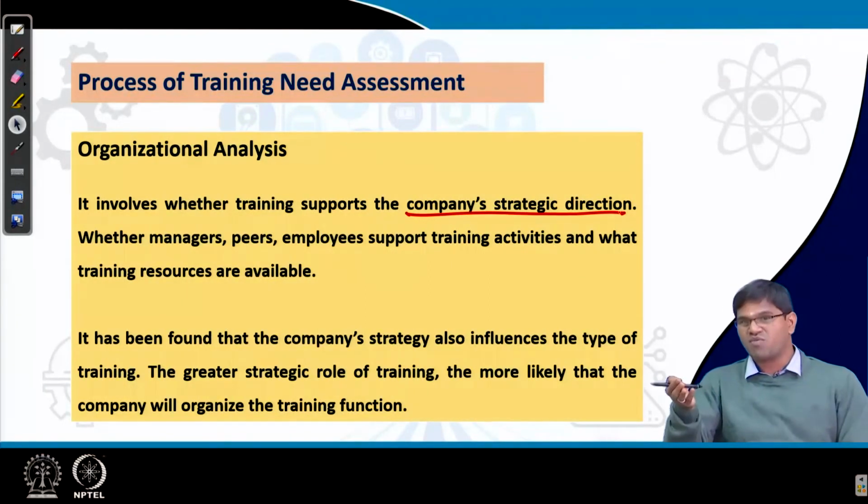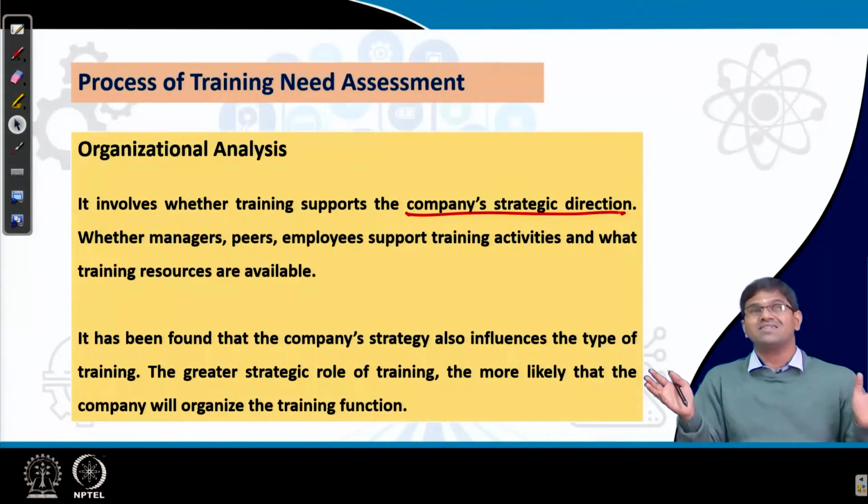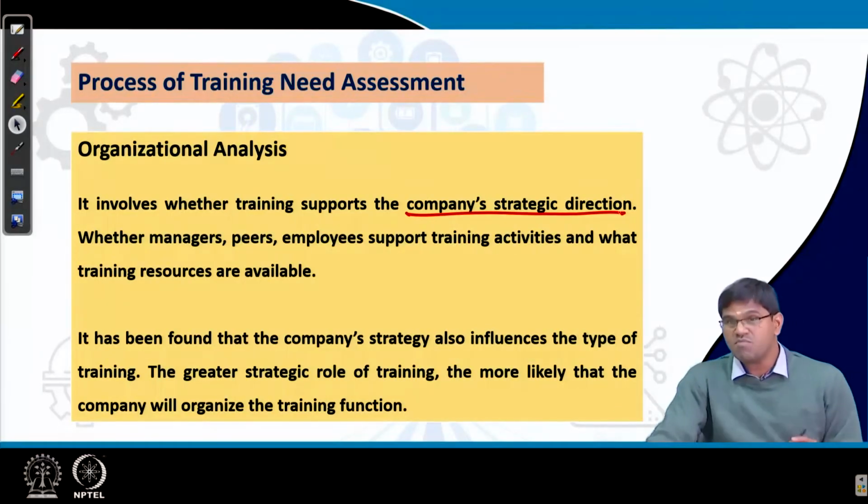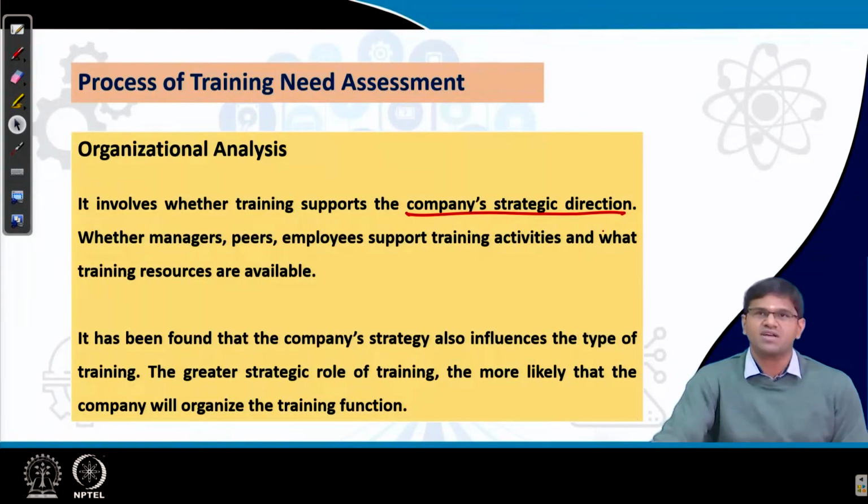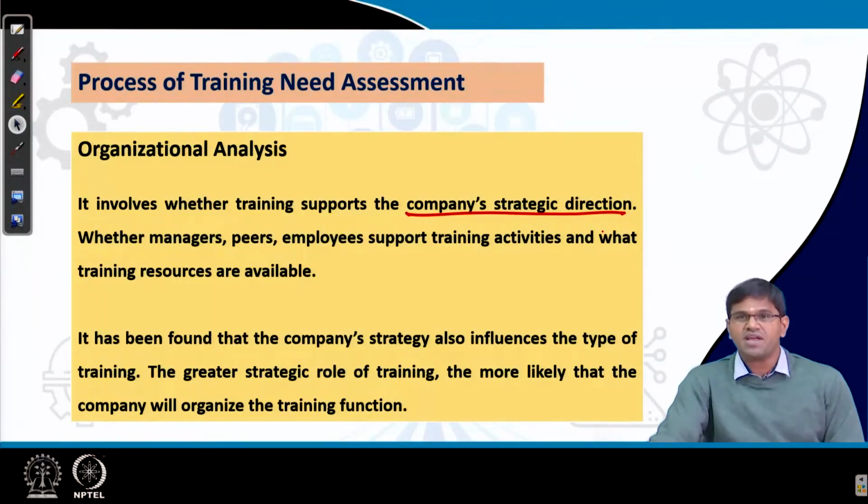That is what the primary focus will be. The greater the strategic role of training, the more likely the company will organize a training function, which is very important. Organizational analysis plays a very critical role in determining the training programs. Whether training programs are required or not will also be determined by the strategic direction of an organization.